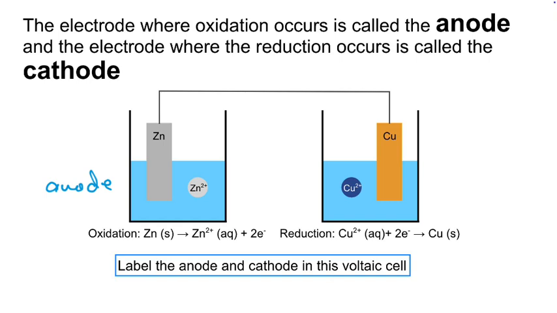People with red hair, it isn't red either. It's orange, right? We can't call it a straw cat. That doesn't work. Okay, so the other end will be our cathode. Okay, make sense?